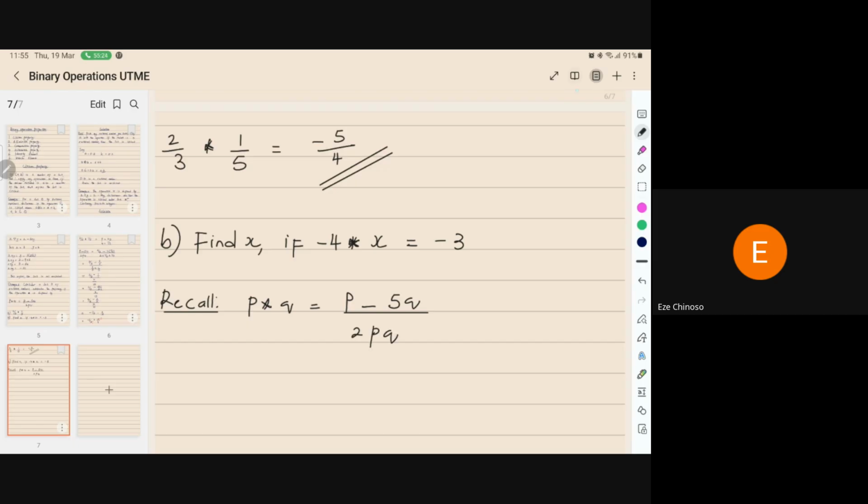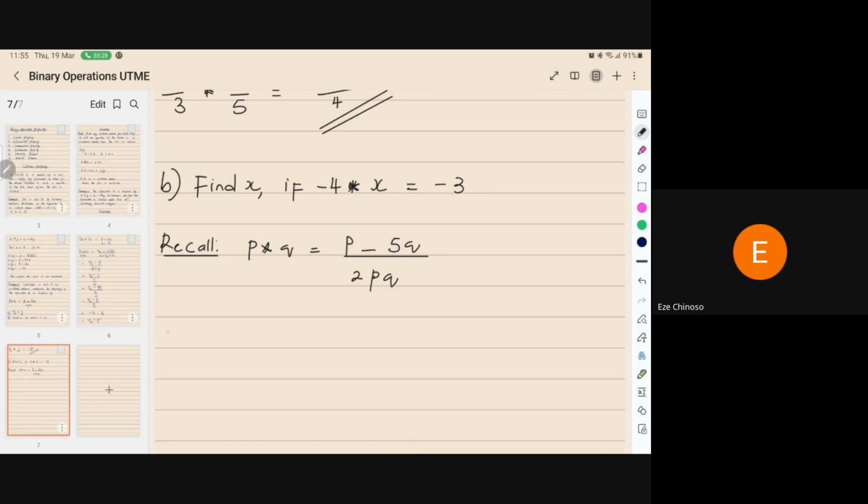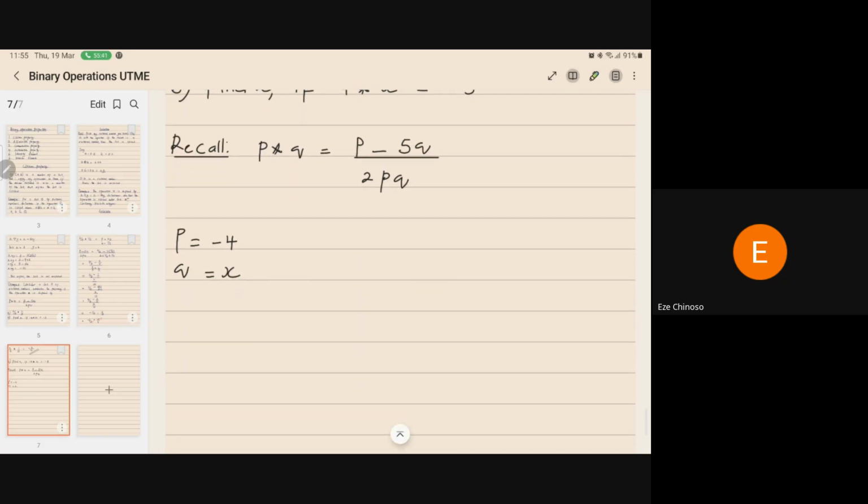All right, so that said, do you know what it means? We now have that P at this point is equal to -4, and that Q is equal to X. So we can now simplify.